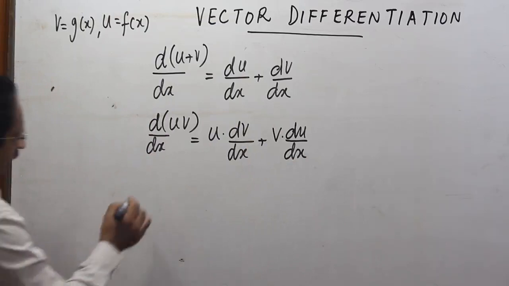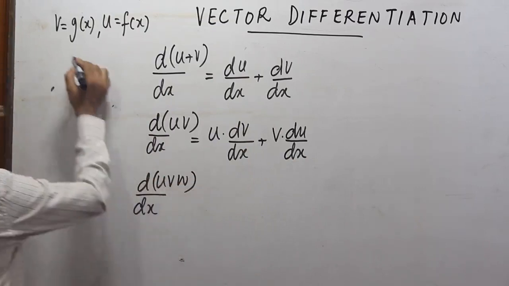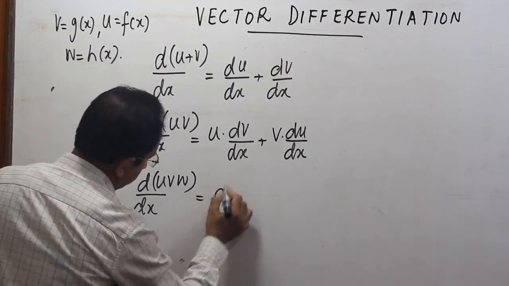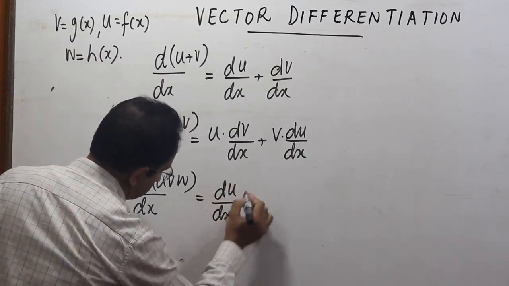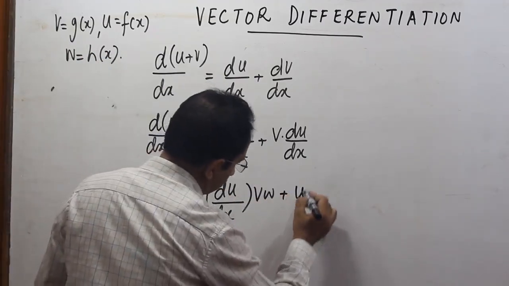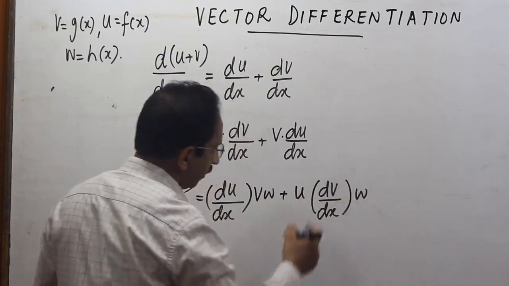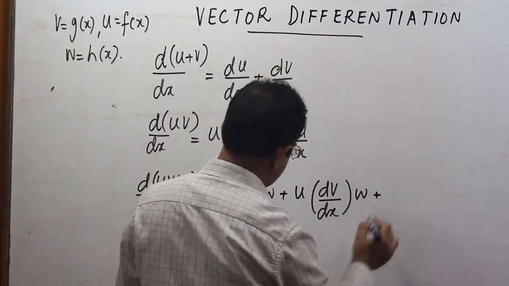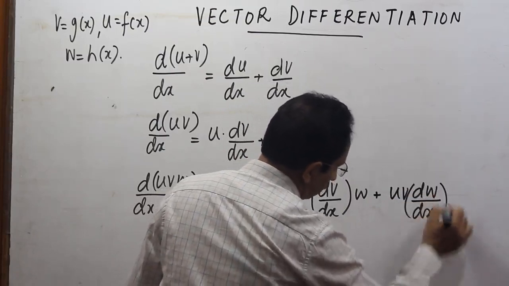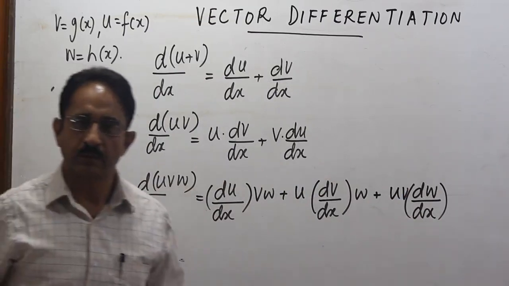Similarly, if we have a derivative of u v w, I have w as another function of x, then this would be derivative of u with respect to x multiplied by v w plus u, derivative of v with respect to x multiplied by u w, or we have plus derivative of w with respect to x multiplied by u v. तो ये सब फॉर्मूले हमारे पास हैं for the ordinary scalar algebra or scalar calculus.